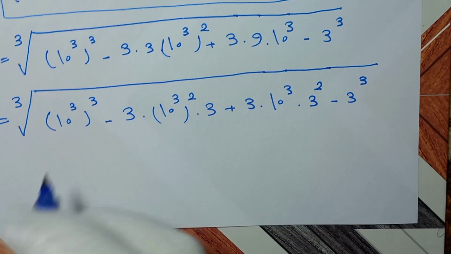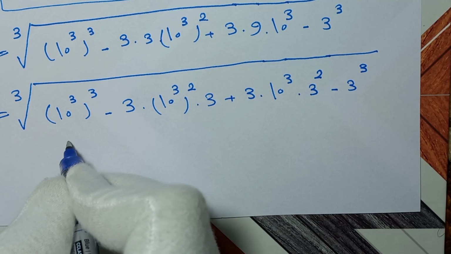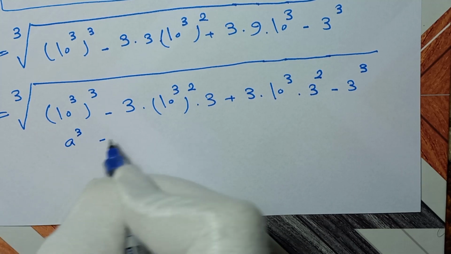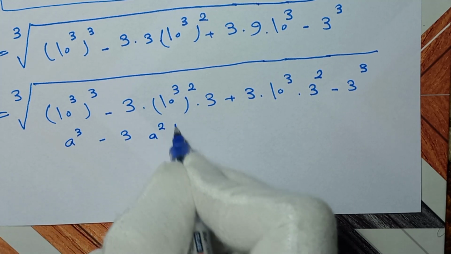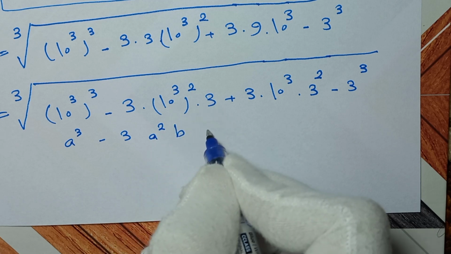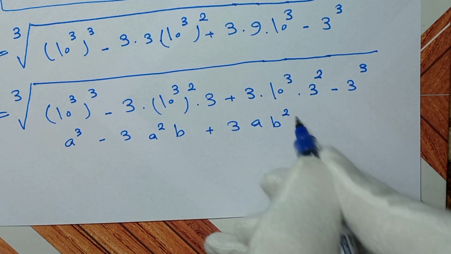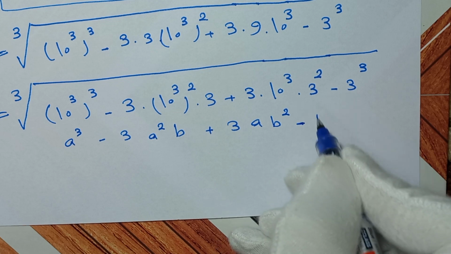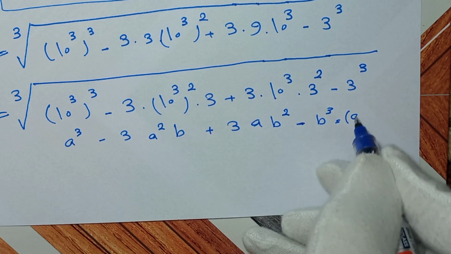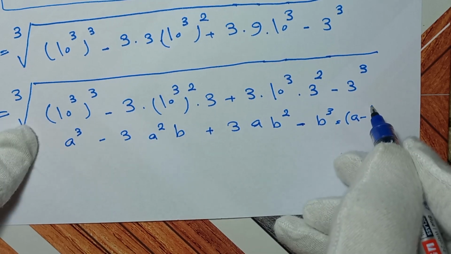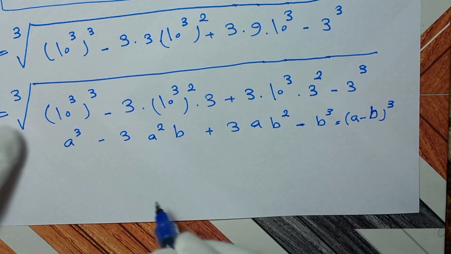If you look at this carefully, this is in the form of a cube minus 3a square b plus 3a b square minus b cube, and it will be a minus b to the power of 3.